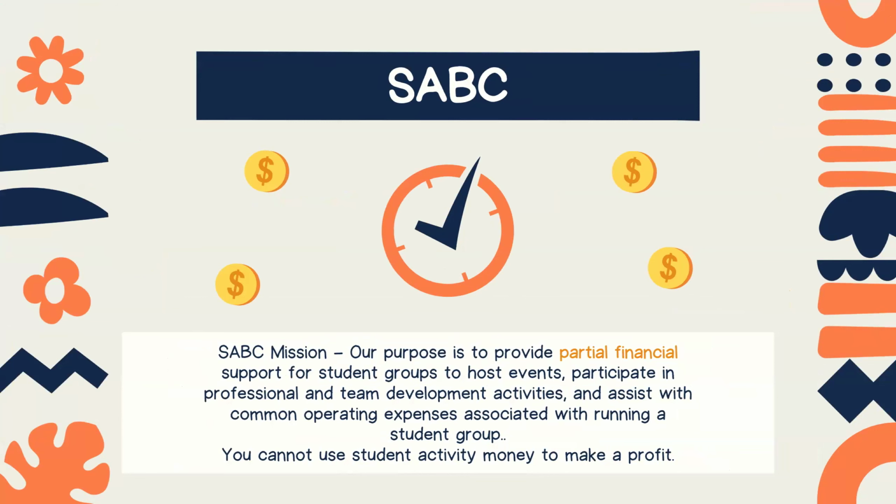Moving on. So as you can see from the screen and the little blurb there about the mission of SABC, Student Activity Budget Committee fees, the mission is really to partially fund the support of student groups. That funding line really cannot fully sustain all student groups.